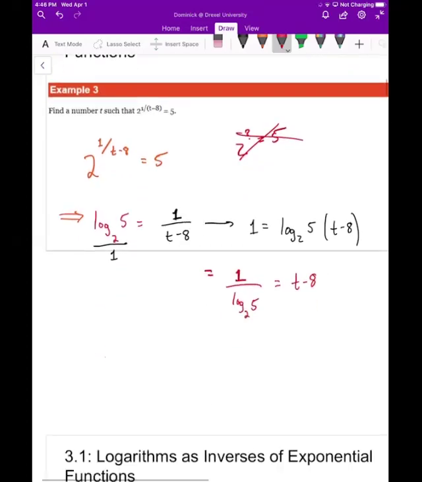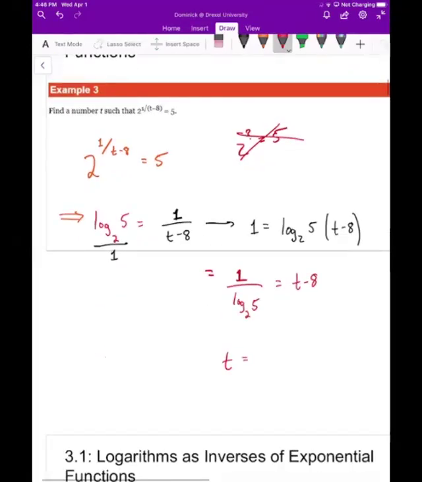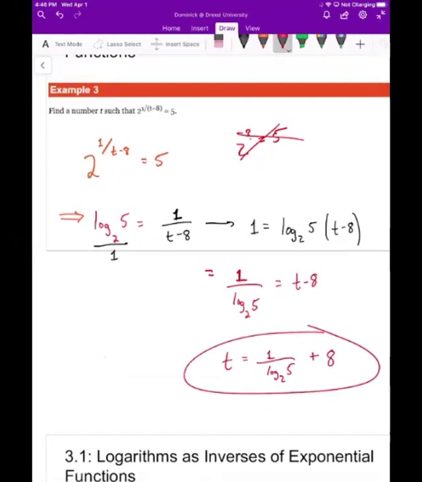And therefore, t is 1 over log base 2 of 5 plus 8. Now we'll talk about how we can get this in terms of a calculator, but for now, we're just going to leave it just like this. So we're going to say it's 1 over log base 2 of 5 plus 8 for now. All right, and again, we'll talk in a future video how to make this a little bit more precise.